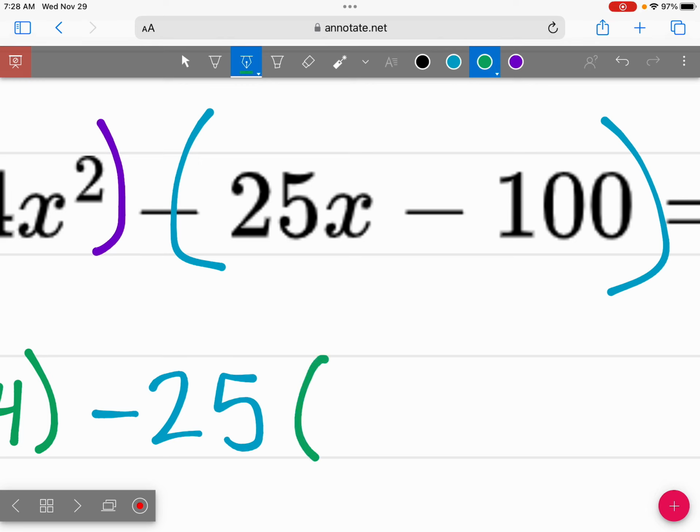So sometimes we'll get big numbers, and that's okay. If I divide negative 25 out of both of those, we have x, and negative 100 divided by negative 25 is a positive 4.